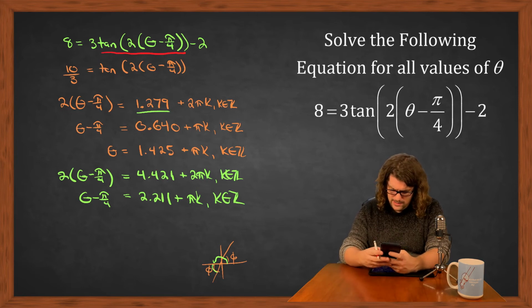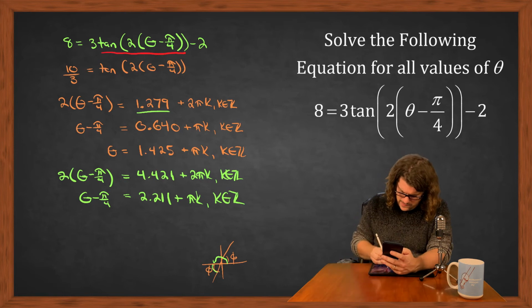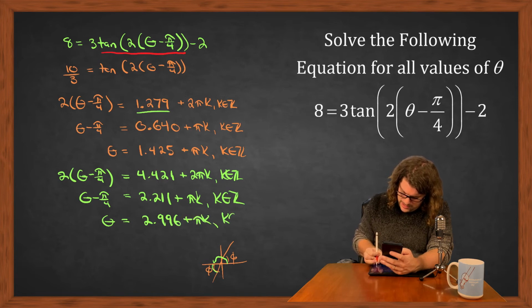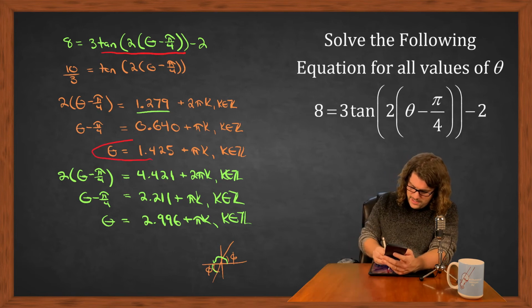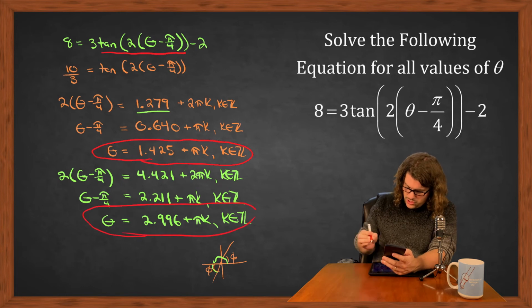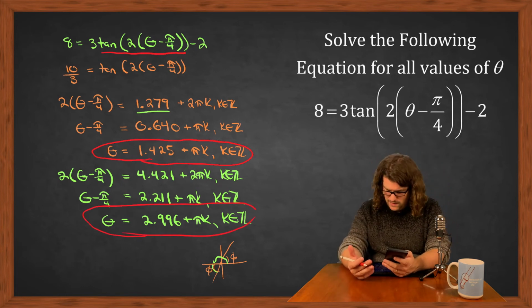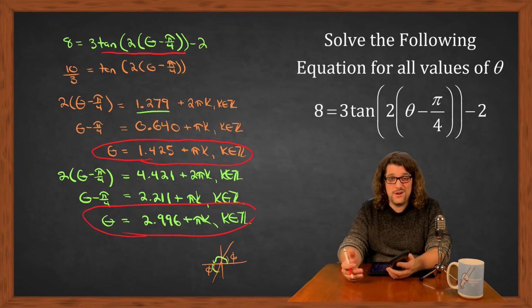On the right, I'm going to end up having theta being equal to 2.996 plus pi k, where k is an element of our integer number system. So this combined with this should give us our full set of solutions for this particular trig equation.